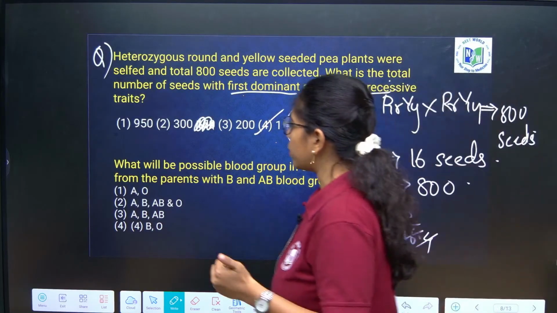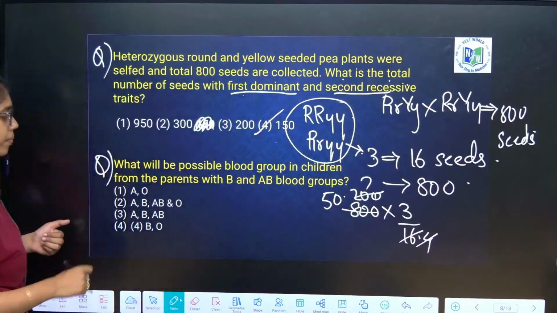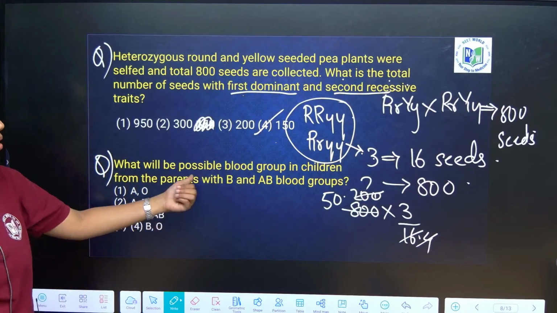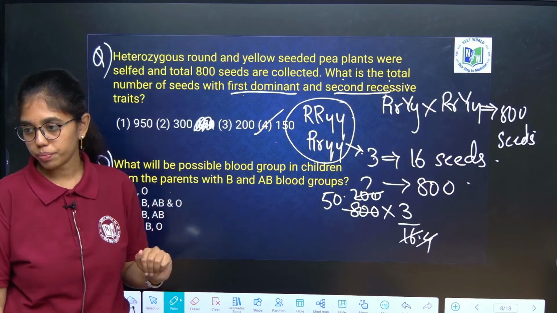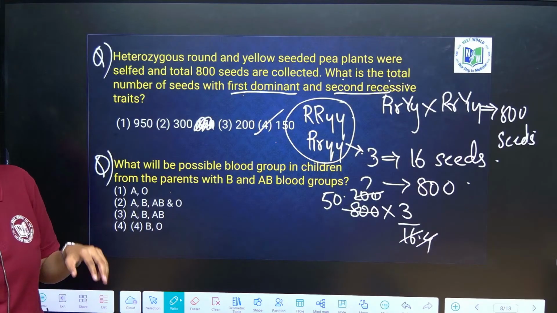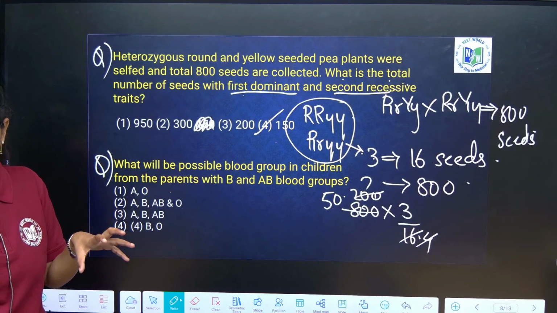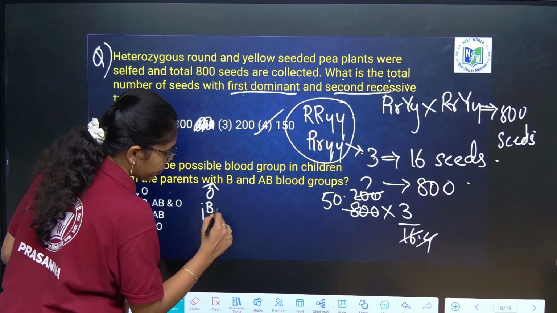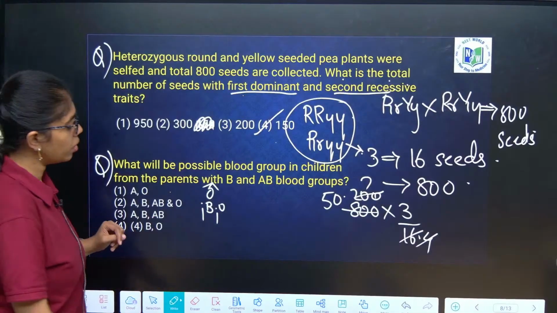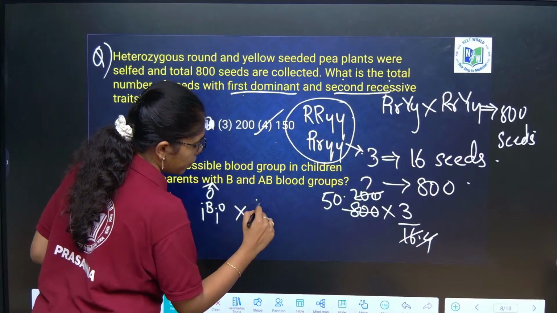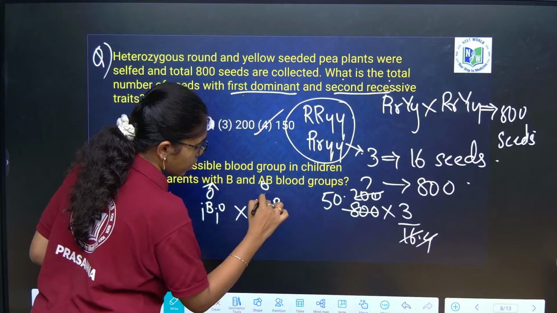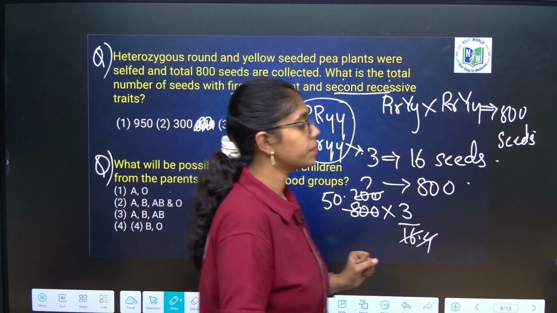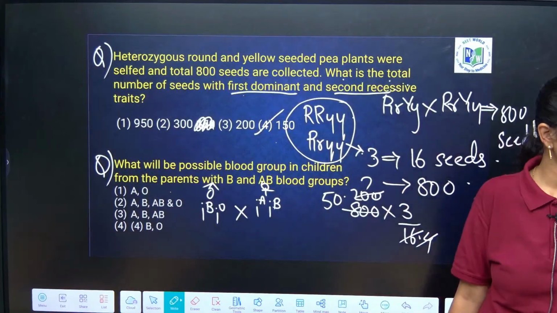Now, second question. Understood? Next, what will be the possible blood group in children from parents with B and AB blood group? To see the maximum combinations, let us suppose for male we take B blood group, and for female, AB means definitely it will be this combination. Now you tell me what will be the answer. Online students, you can also answer.